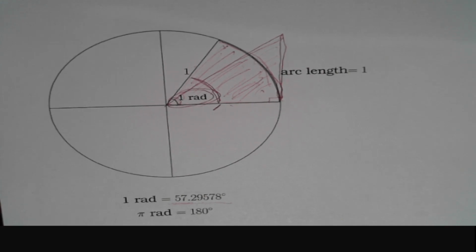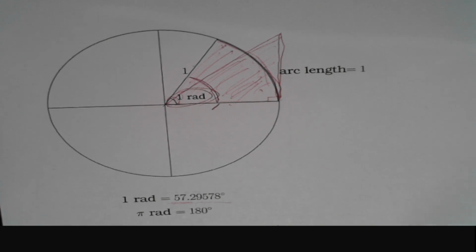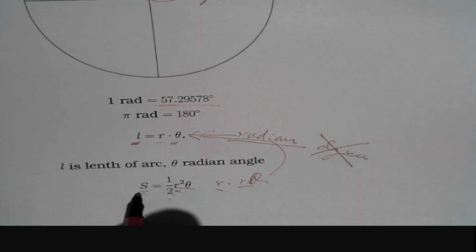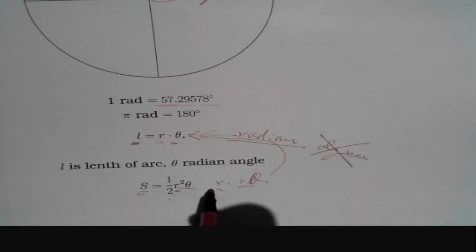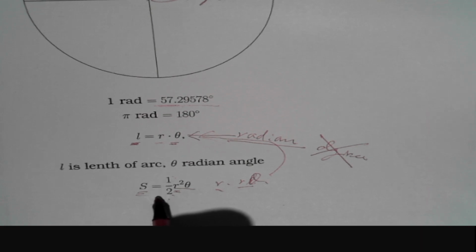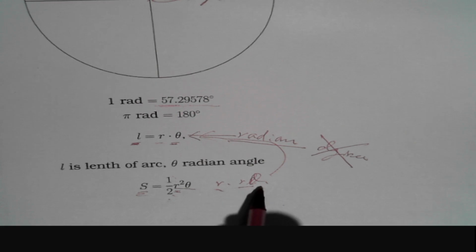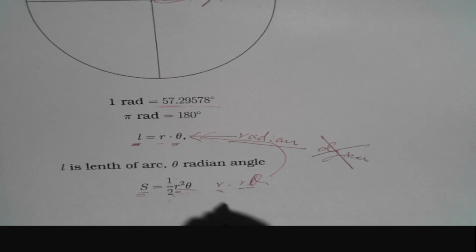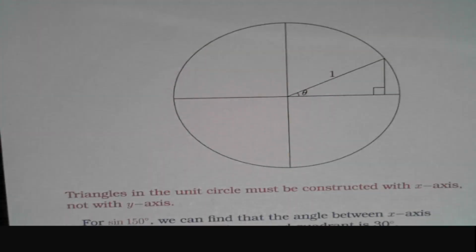Then using the formula for the area of a triangle, 1/2 times base times height, it means 1/2 times r squared theta. This one is the area of a sector. Okay? It's a very important topic. You need to memorize it.